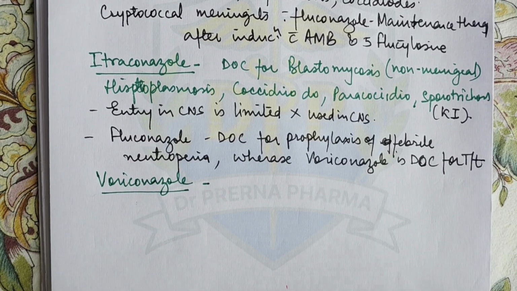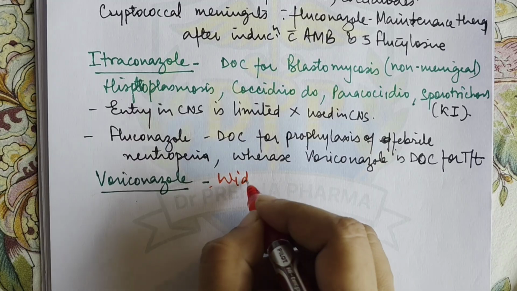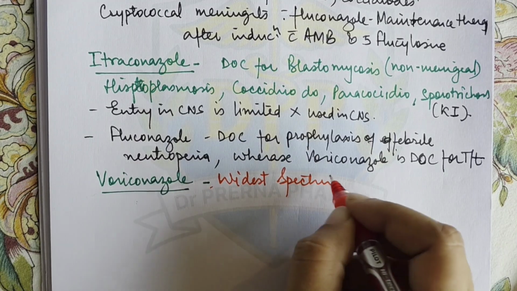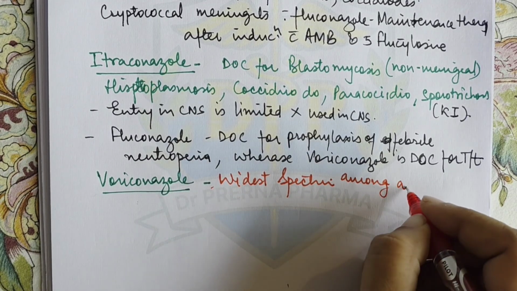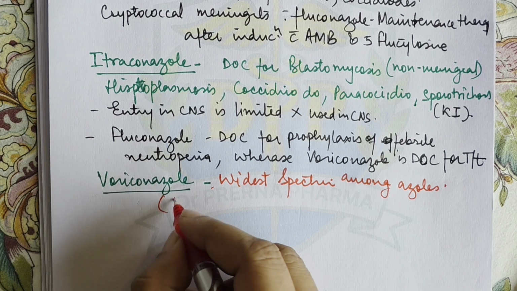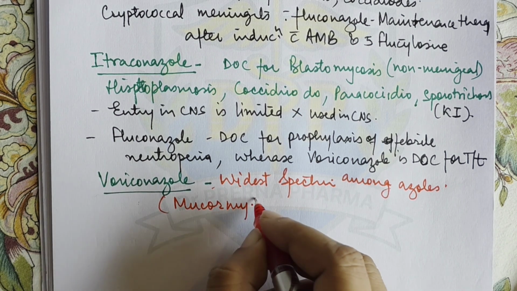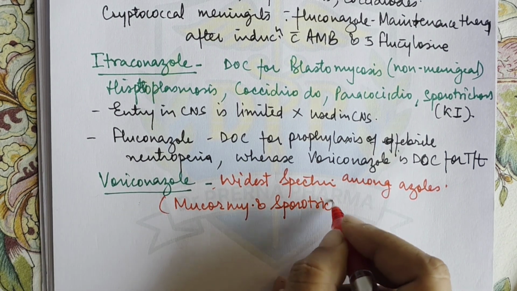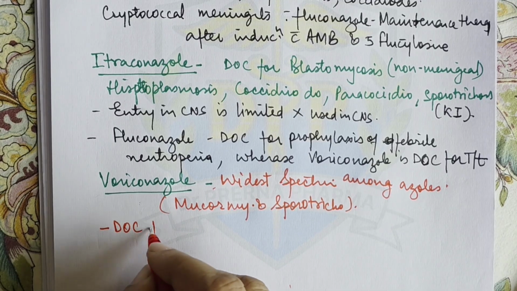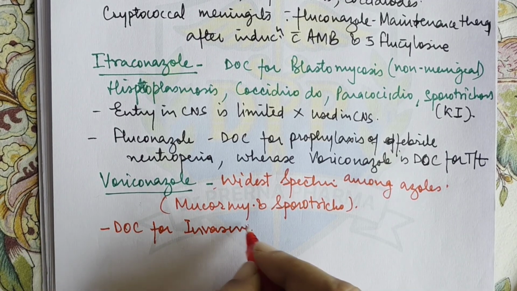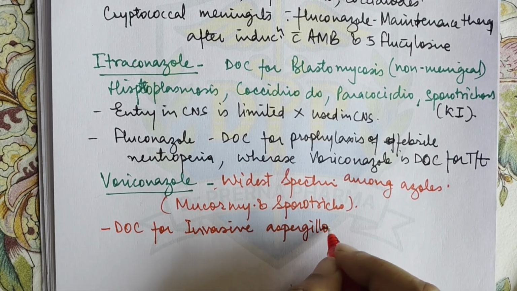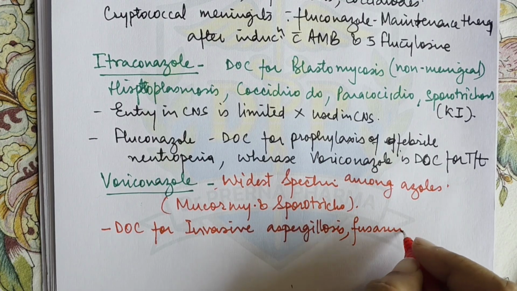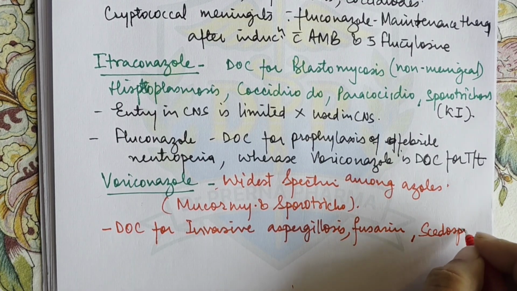Voriconazole has the widest antifungal spectrum among azoles. So it acts on all except mucormycosis and sporotrichosis, right? It is the drug of choice for invasive aspergillosis, then fusarium and pseudallescheria. Okay.